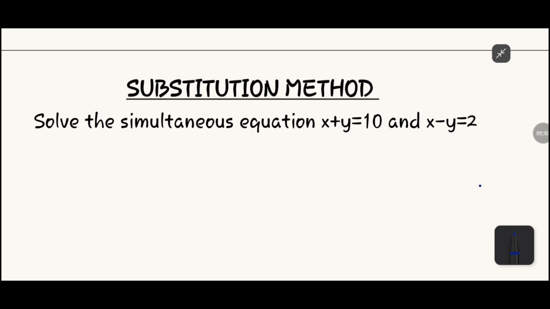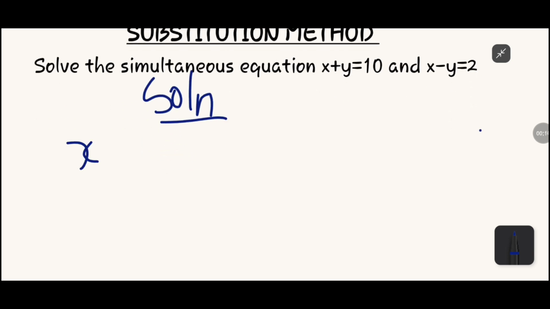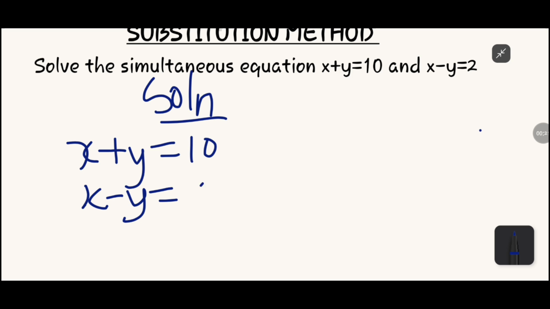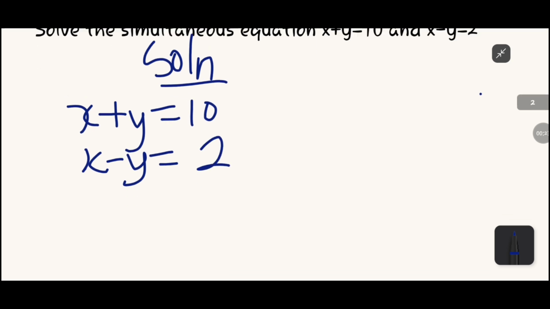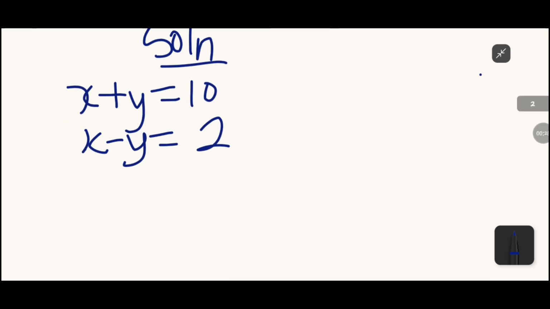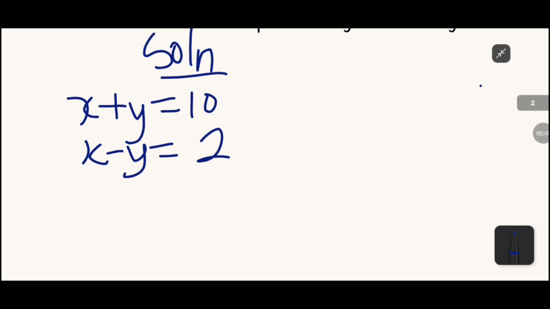So the first question says: solve the simultaneous equations x plus y equal to 10 and x minus y equal to 2. So, solution: we have x plus y equal to 10 and x minus y equal to 2. When solving simultaneous equations using the substitution method, what we do is make either x or y in any of the equations the subject of the formula.